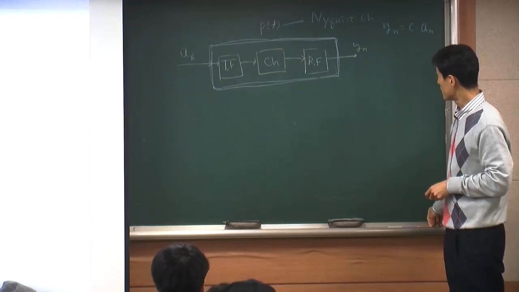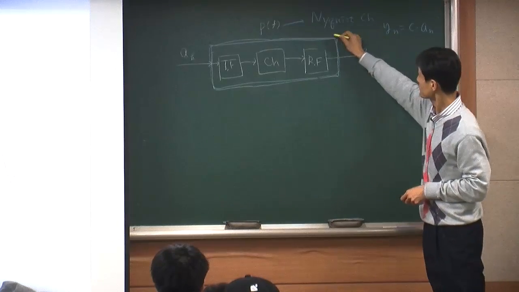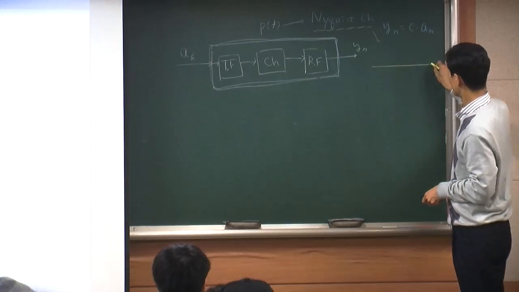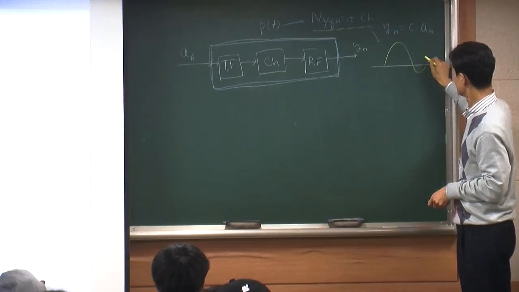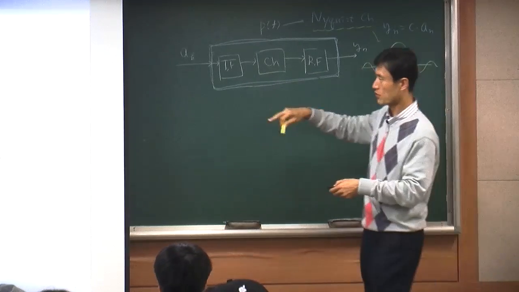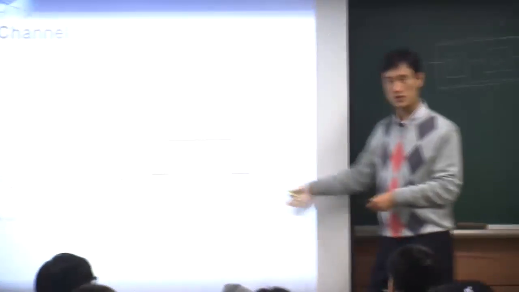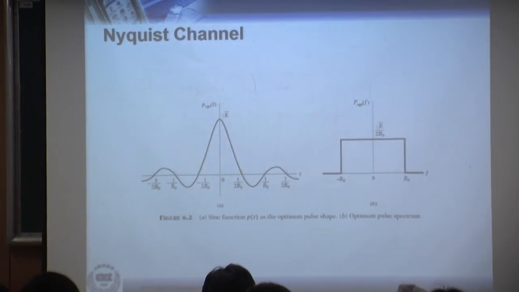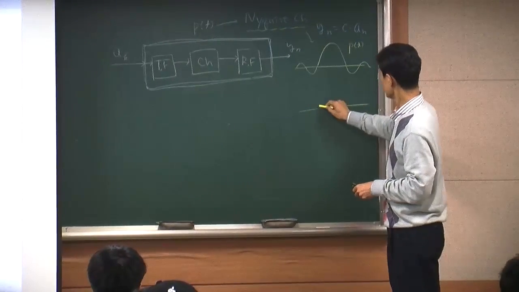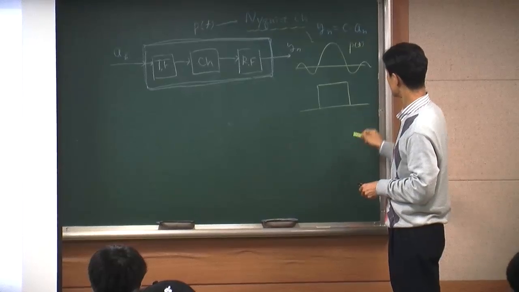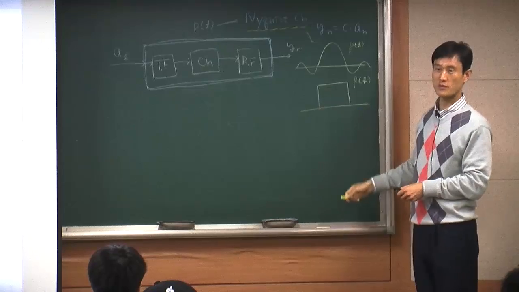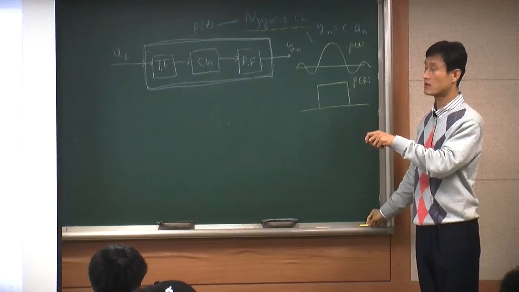Now let's look at the Nyquist channel. Nyquist channel has time domain relationship, time domain impulse response of sinc channel. So let's go back to the Nyquist channel picture. This is Nyquist channel, right? So Nyquist channel has time domain response like this and frequency domain response like this. That's the time domain and frequency domain response of Nyquist channel. Right?